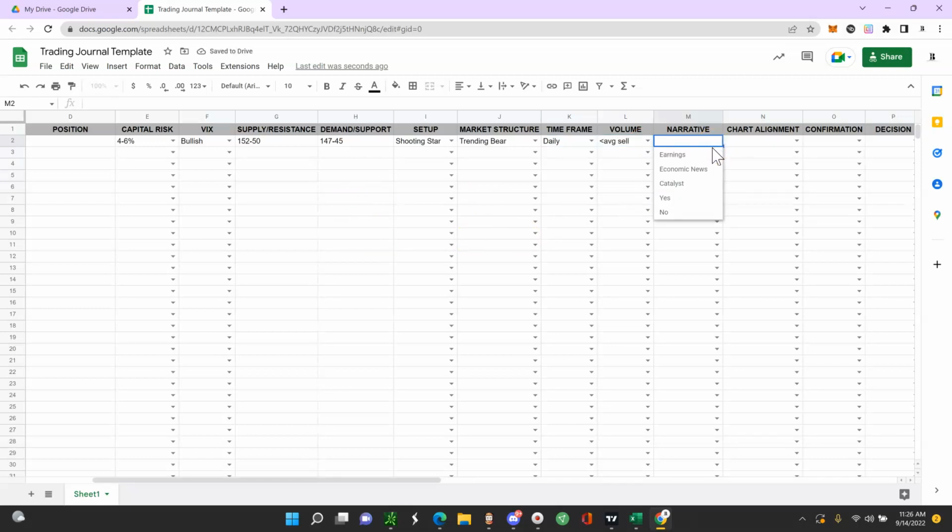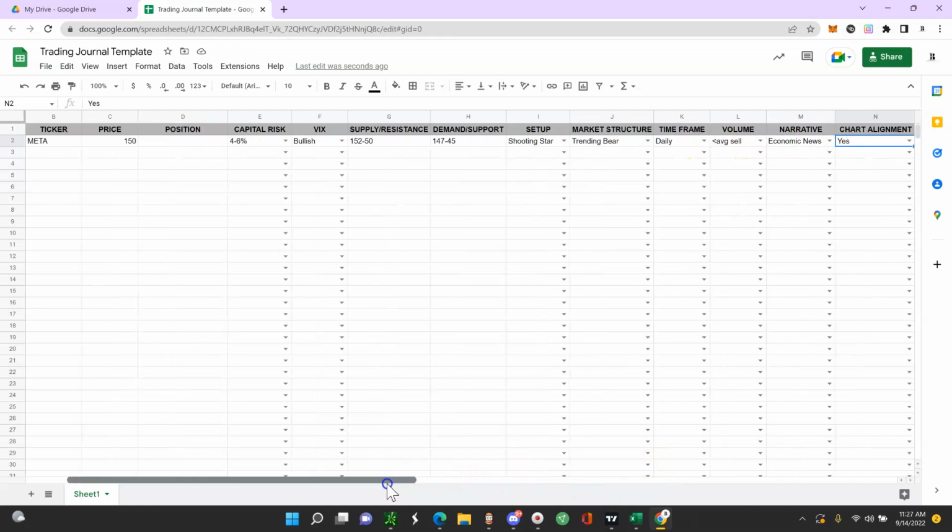Is there a certain catalyst that would support any sort of price action with Facebook specifically, or something that is important in the markets that impacts pretty much every area of the economy? So then I go back to my chart, and I look at different time frames to see if there's any sort of correlation to those charts. Are they aligned? Are they mixed? I find that they are aligned, so yes.